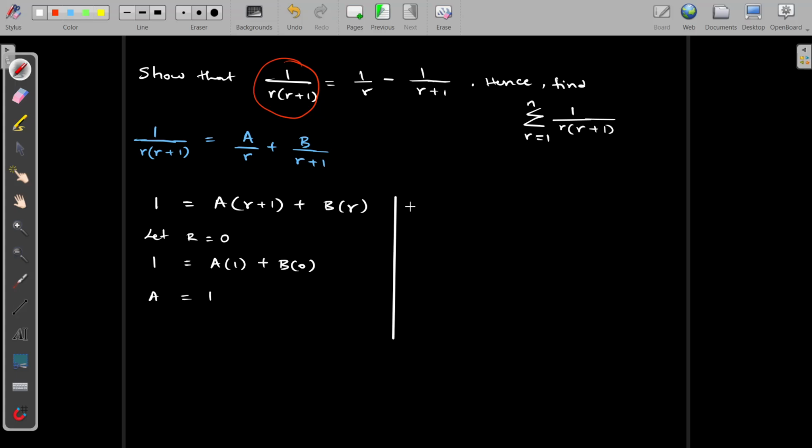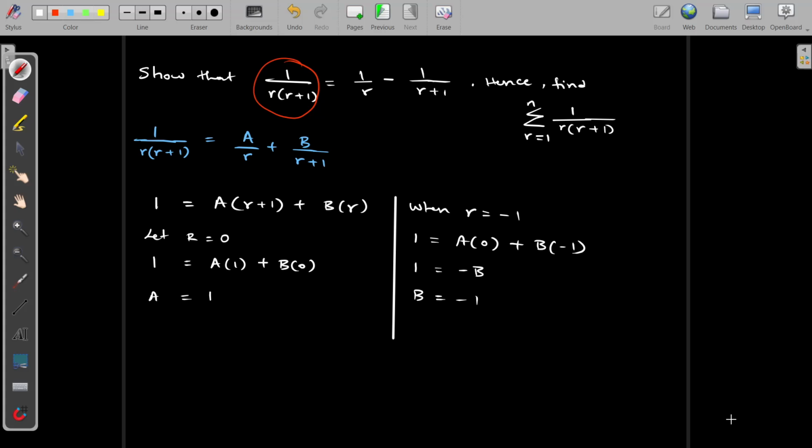Or let's use r as negative 1, sorry, to get rid of the A term here. So when r is equal to negative 1, we would have 1 is equal to A times 0 plus B times negative 1. So that's negative B. So B is equal to negative 1.